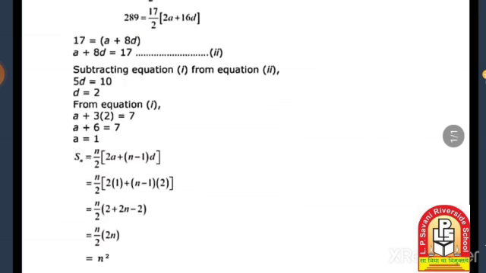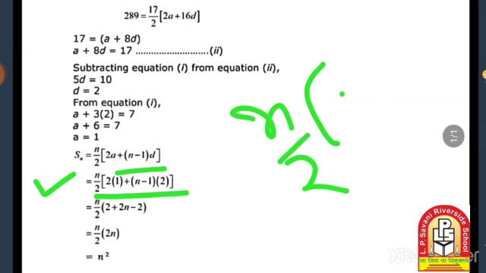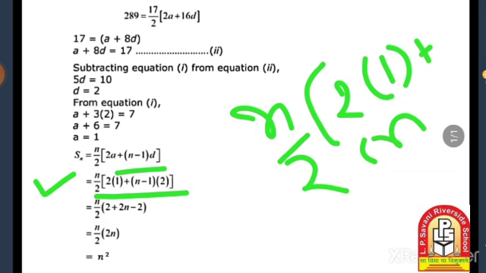Then after putting the values, Sn is equal to n by 2 in the bracket 2a plus n minus 1 into d. So n by 2 in the bracket 2 into 1 plus n minus 1 into 2.